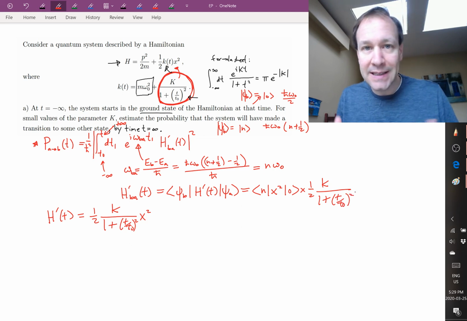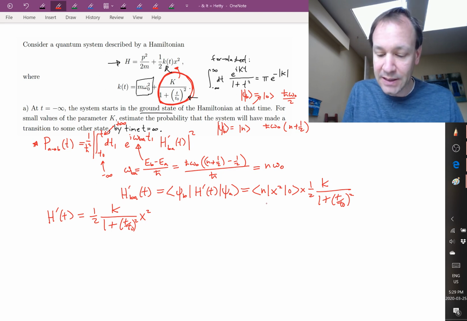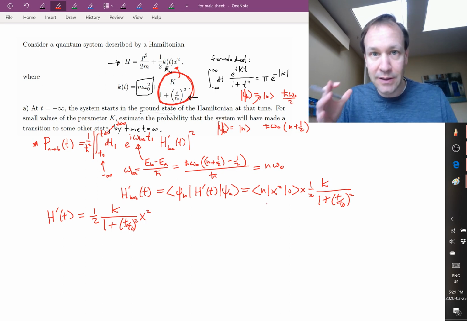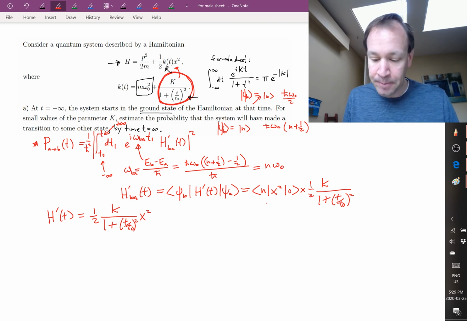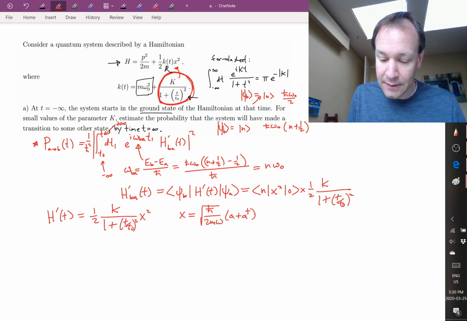So the quantum mechanics calculation we have to do here is just the standard matrix element of the x squared operator between two different states of the harmonic oscillator. And so what we can say is that, as usual, we'll write x equals the square root of h bar over 2m omega times (a plus a dagger).